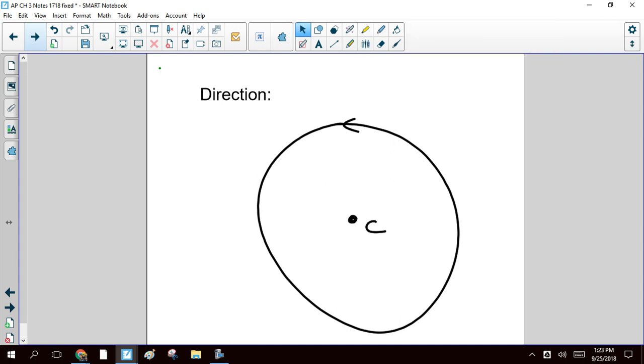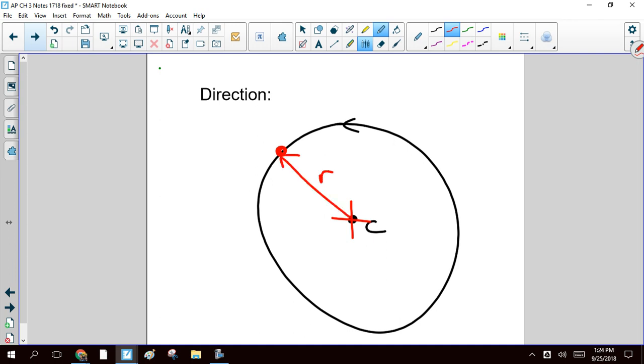Suppose my object is spinning in a circle and at some instant it's right here. One of the things that I could measure at that point is the position. Assuming that the center of my circle is my origin, which it doesn't necessarily have to be, then my position vector is this.